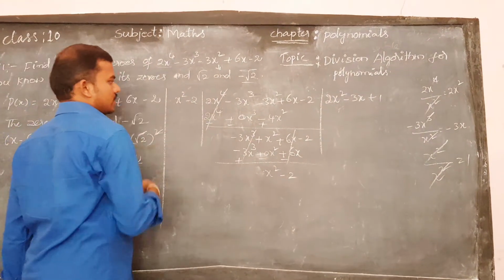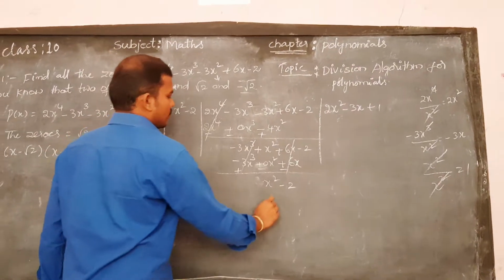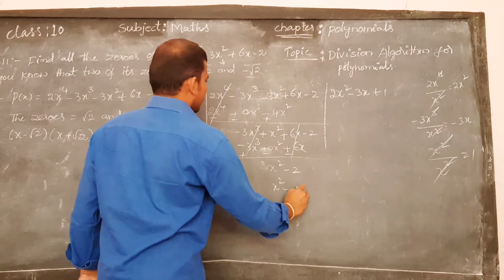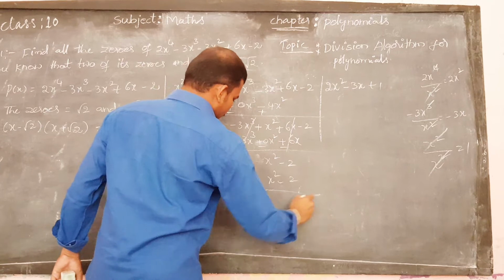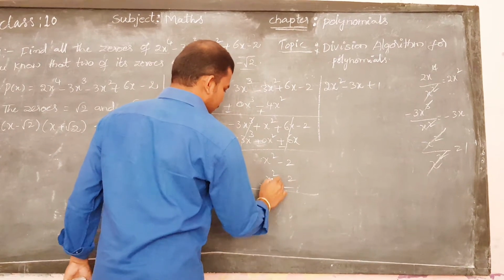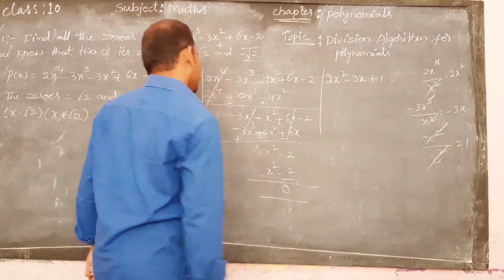So plus 1 is multiplied by x square minus 2: x square minus 2 into 1 is x square minus 2. Subtracting x square minus 2 by x square minus 2, we get 0.